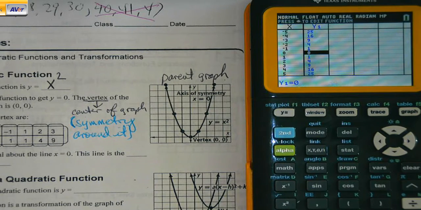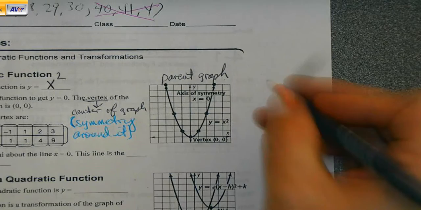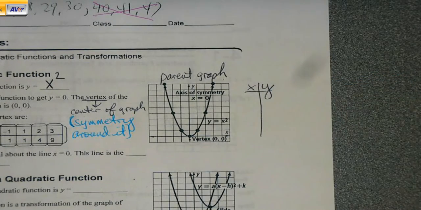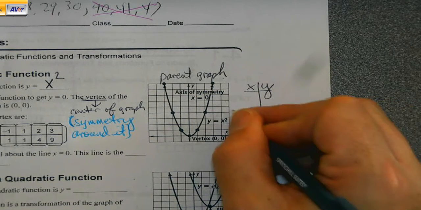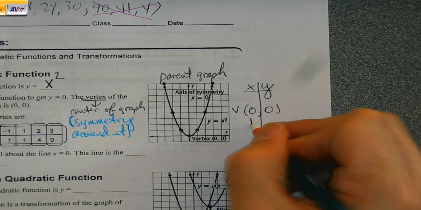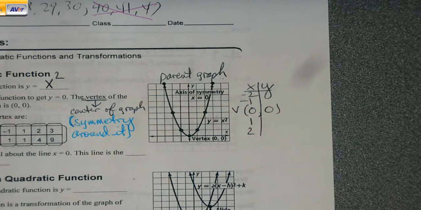And so what I basically tell people is when we're looking at a parent graph, yes, I can get a chart going again. 0, 0 would be my vertex. And then I'm just going to get a couple of x values to the left and to the right. So I just use 1 and 2 and -1 and -2.